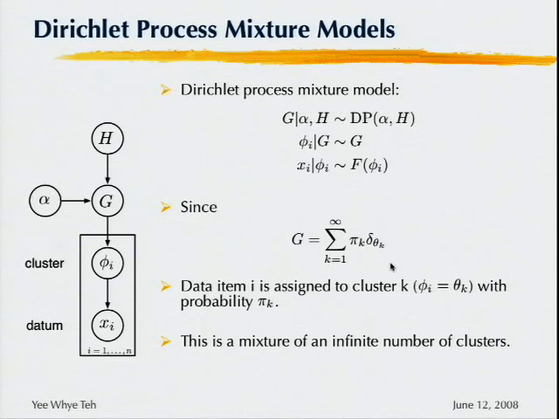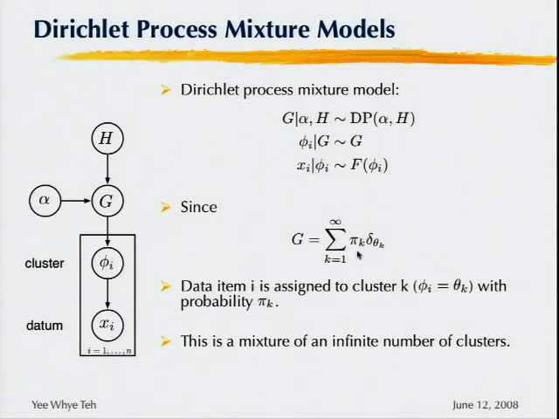And if you now say that data item i is assigned to cluster k if phi i takes on value theta k, then you see that this Dirichlet process mixture model is basically a mixture model with an infinite number of components, each component corresponding to one of the atoms in your Dirichlet process.